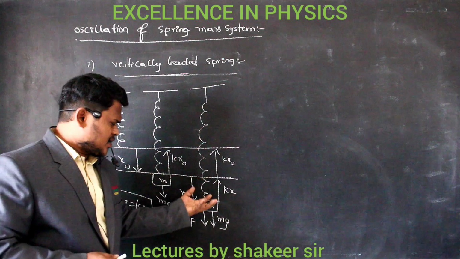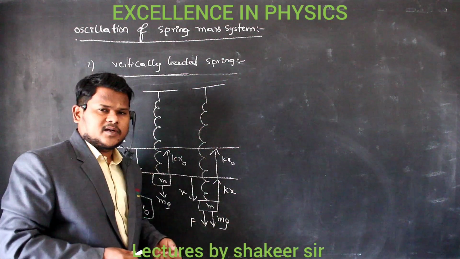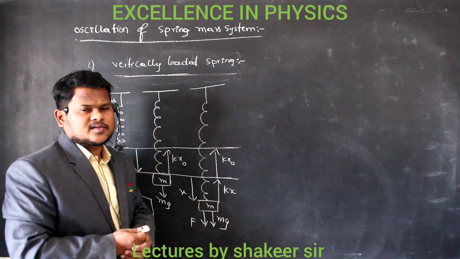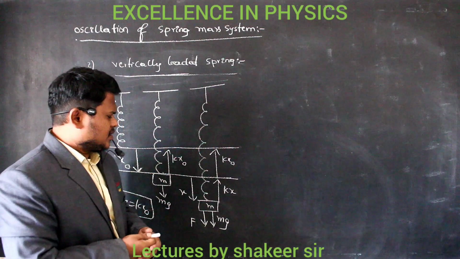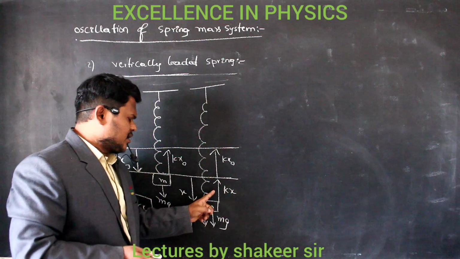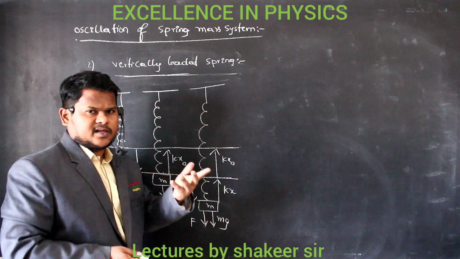And as long as I am holding this mass, it is in equilibrium. It means as long as I apply this force of F, this body is in equilibrium. So how can I write a Newton's law equation for them? So kx naught and kx are acting in upward direction, no? So restoring forces we are representing by negative symbol.